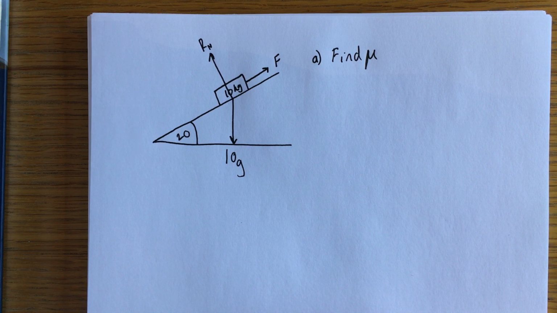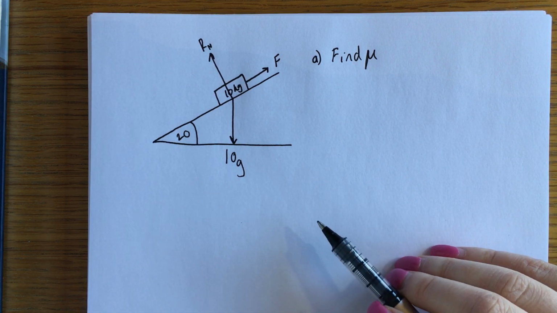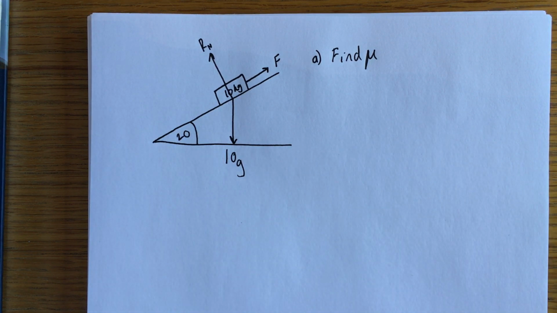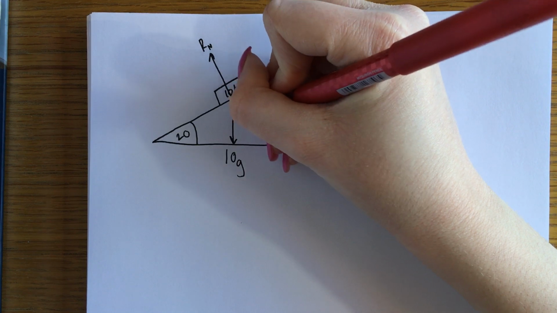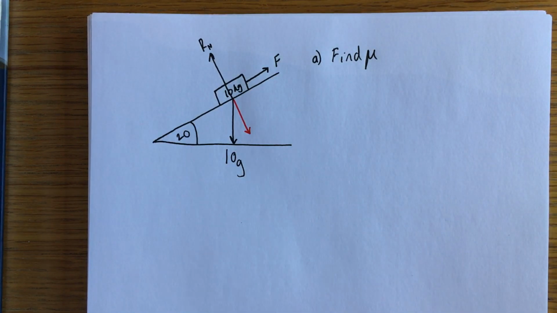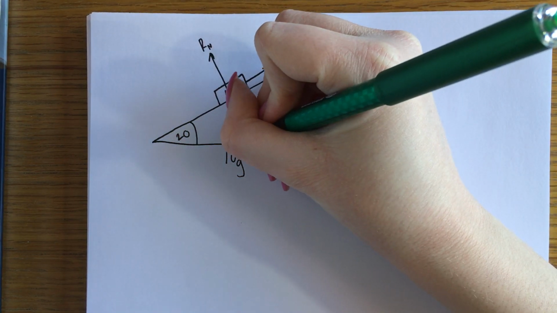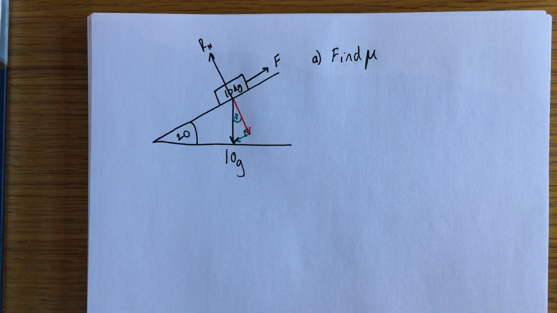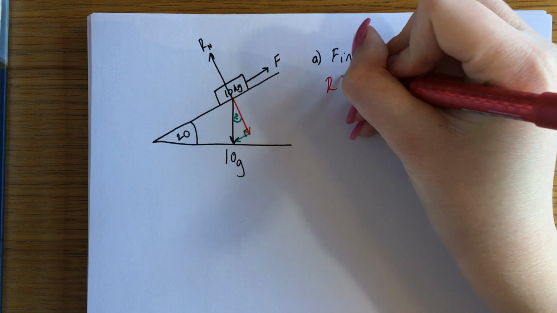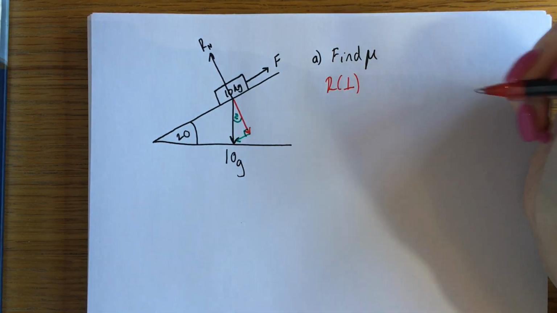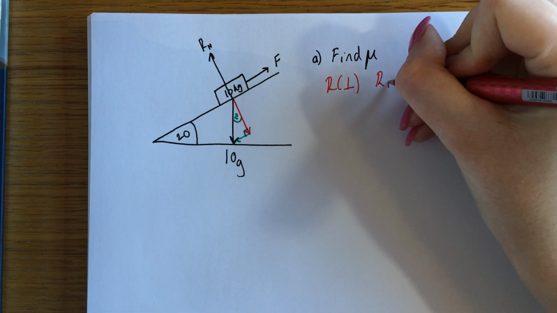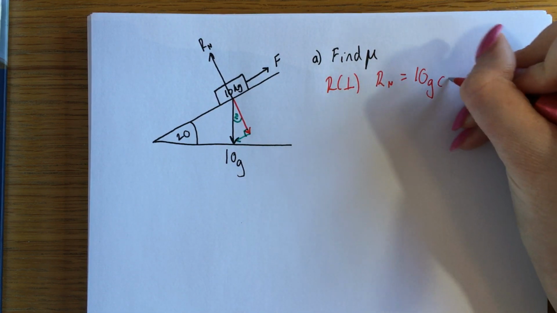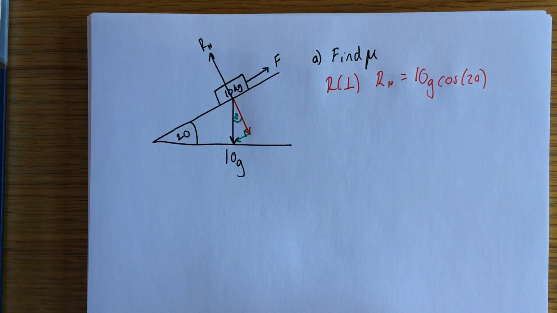So we are going to resolve perpendicular and parallel to the plane. So obviously just want to draw in my parallel and perpendicular lines. That's 20. So I'm going to start by resolving perpendicular to the plane. So my normal reaction must be equal to 10g cos 20.